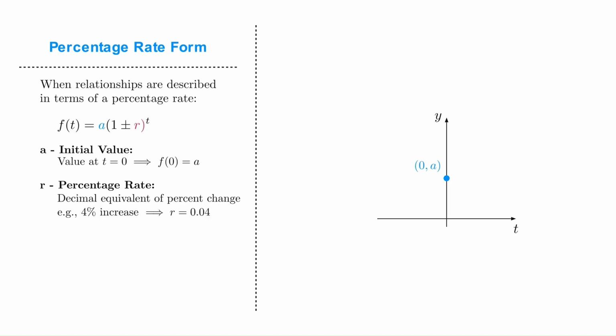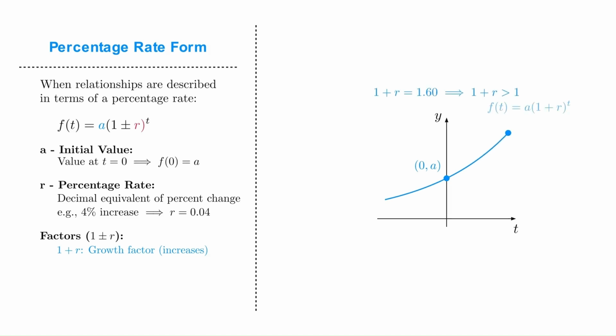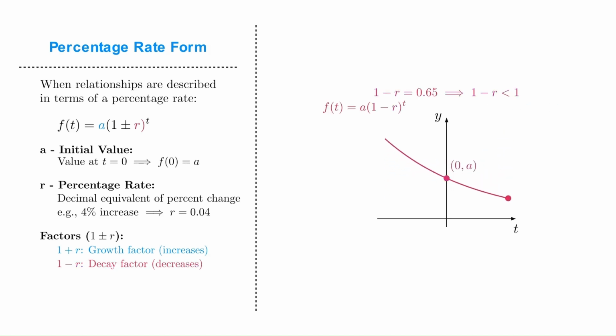For example, a 4% increase corresponds to an r value of 0.04. The term 1 plus r acts as the growth factor for increasing quantities, while 1 minus r serves as the decay factor for decreasing quantities. The variable t represents the units of time over which this change occurs.